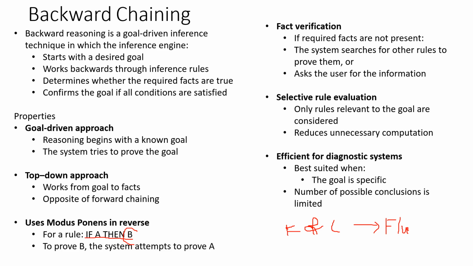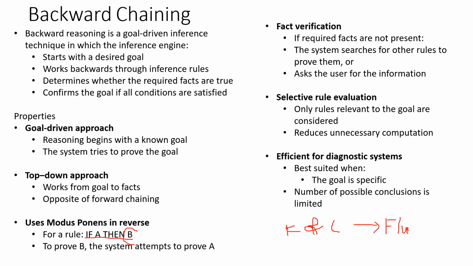That means it is best suited when the goal is specific, for example medical diagnosis, fault detection, and troubleshooting systems. When the goal is clear and options are limited, backward chaining is faster.